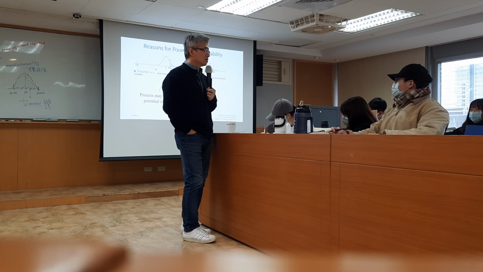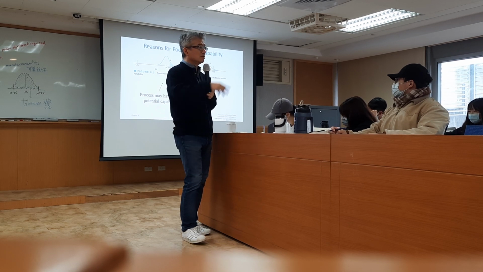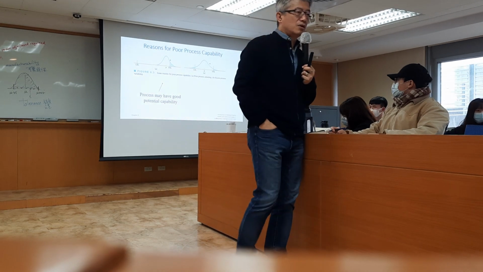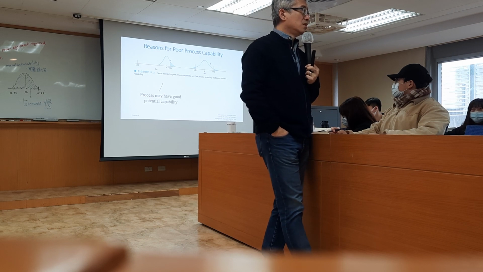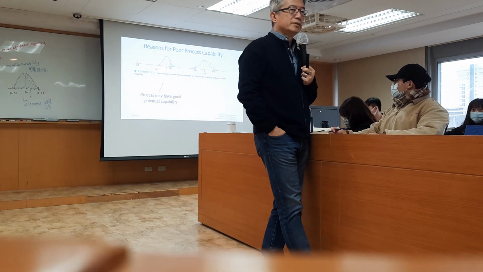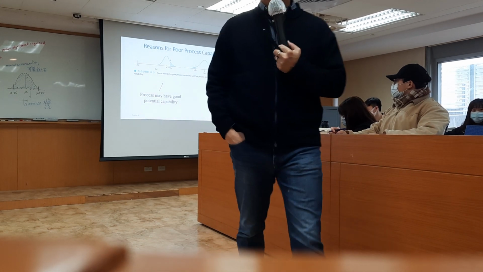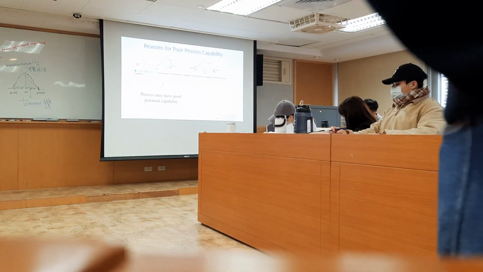How can you make process B capable? You don't know? How would you like to make it process capable? No idea, somebody? How would you like to make the process capable?